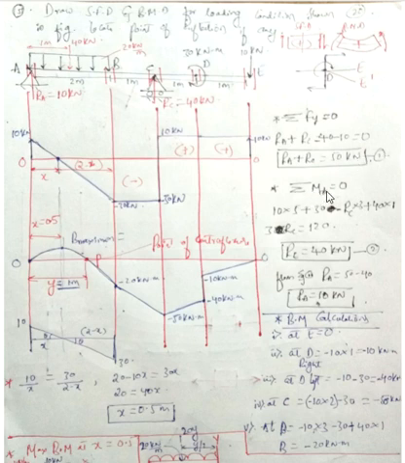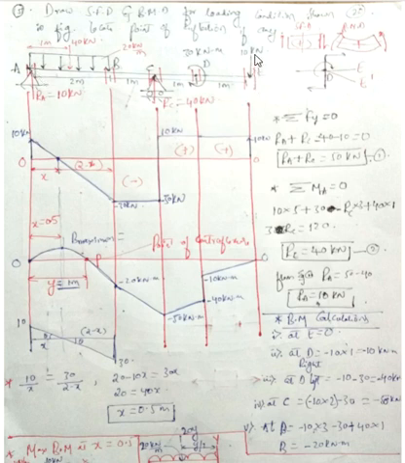Similarly, summation of moment about A equal to 0. For summation of moment about A equal to 0, take clockwise moment as positive and anti-clockwise moment as negative. Coming from the right side, there is a load of 10 kilonewton, which will give me a clockwise moment with respect to point A. Follow the cursor, it is giving me a clockwise moment.